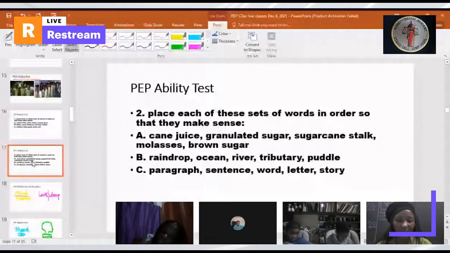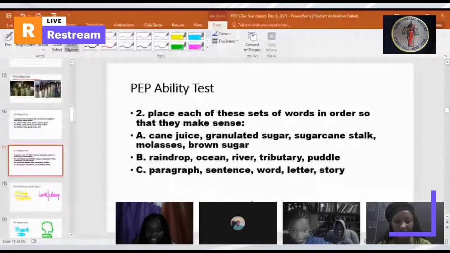Again, we're asked to place these sets of words in order so that they make sense. And for A, we have cane juice, granulated sugar, sugar cane stalk, molasses, and brown sugar. In order of process, which comes first? Madison?